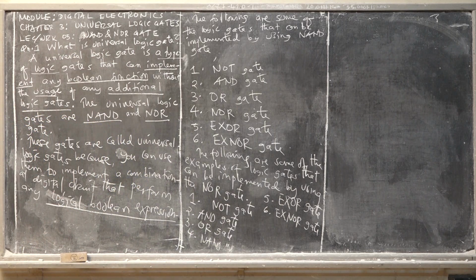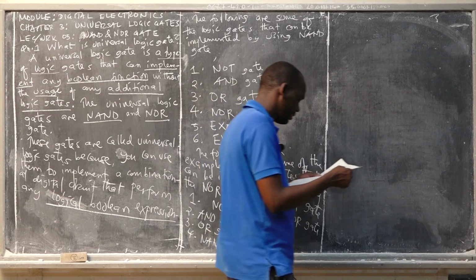So remember that those are some examples of logic gates. They perform different logical Boolean operations. Is it clear, students?